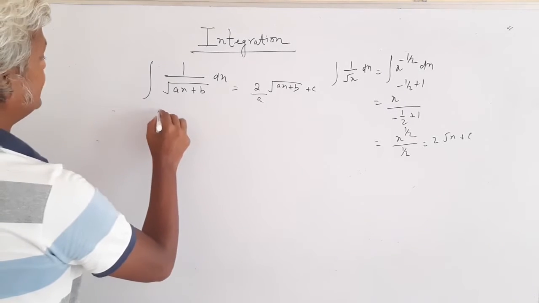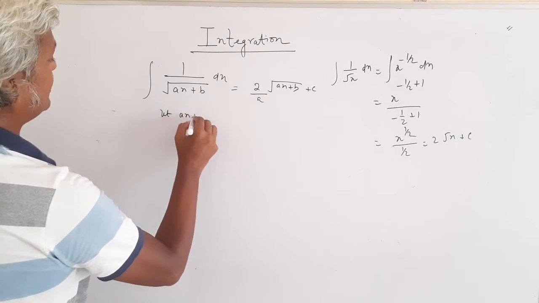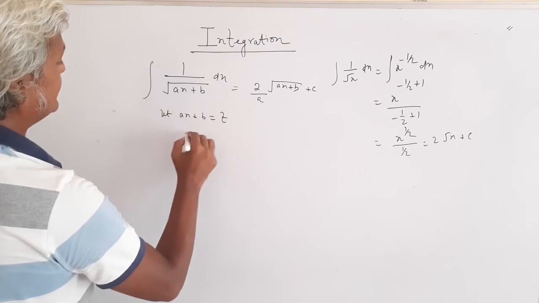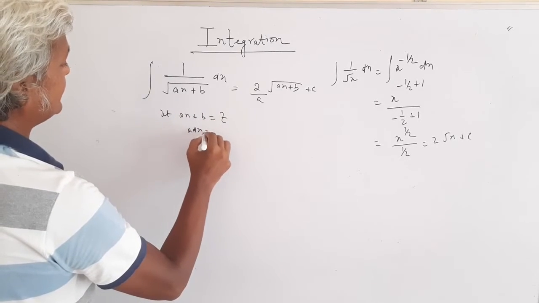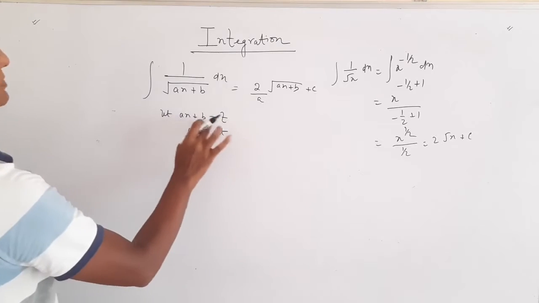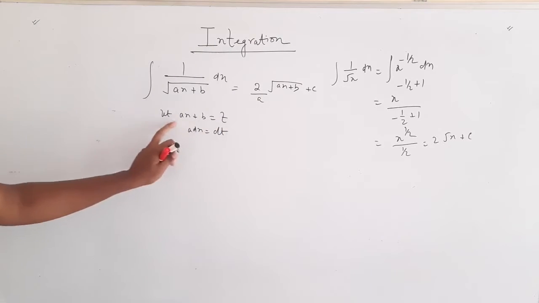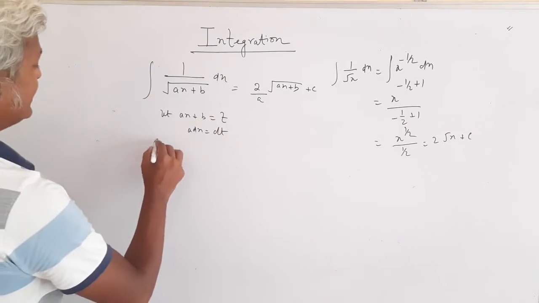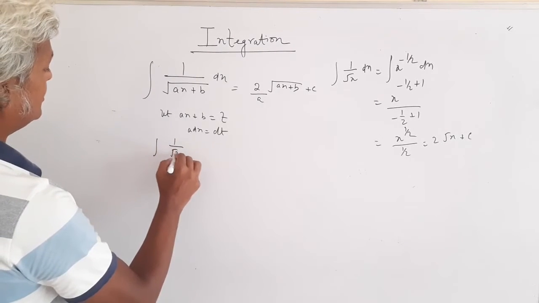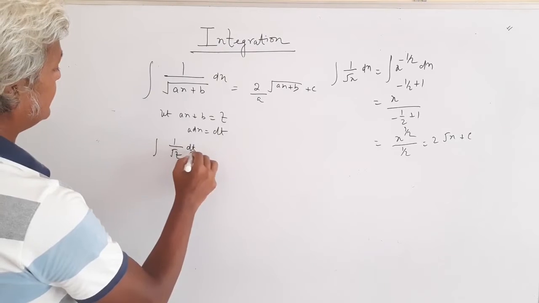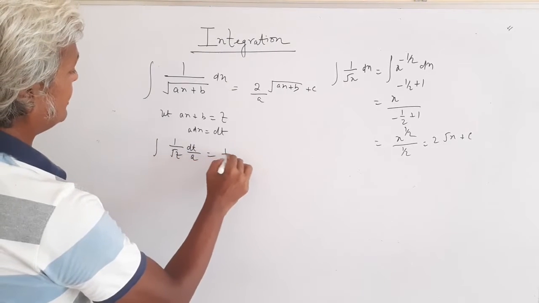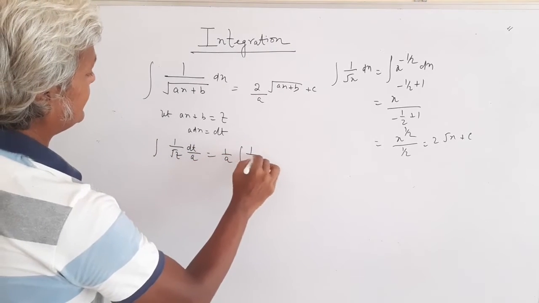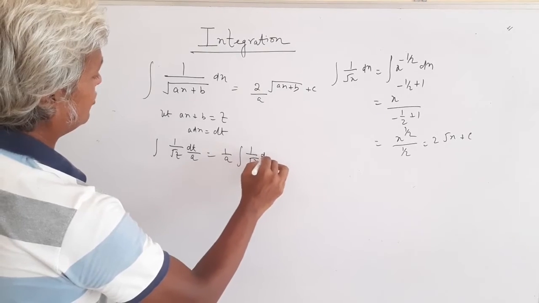But I would like to go into the more formal way using the method of substitution. So I write, let ax plus b equal t, and then a dx equals dt. So what I have now is 1 over root t, dt over a. Keep 1 by a outside, and then the integration of 1 over root t dt.